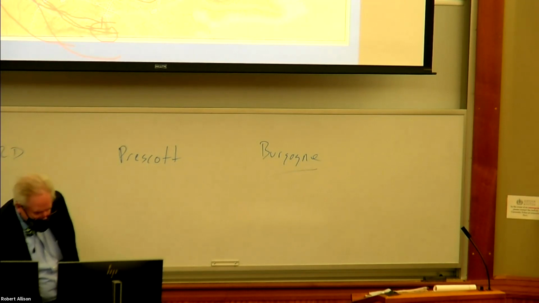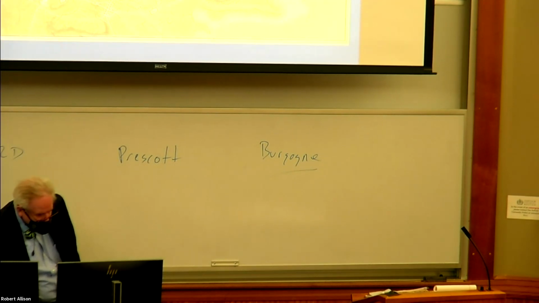Let me see if I can erase this so it makes a little bit more sense. Okay, so Ward sends Prescott to fortify Bunker Hill, which is this one.